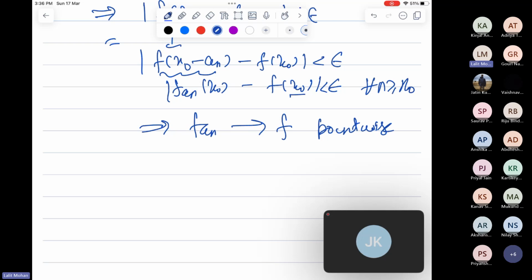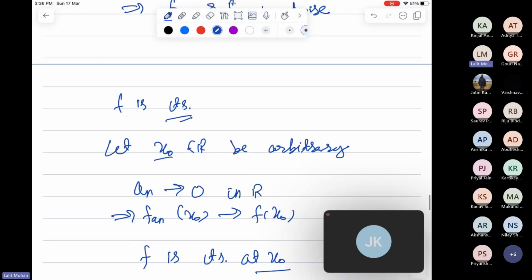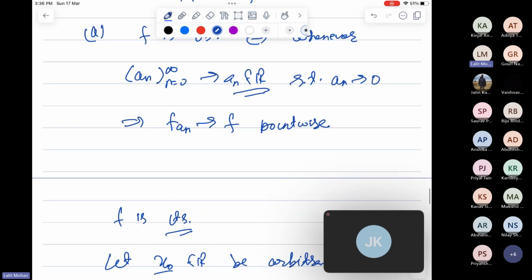Just apply the definition of uniform continuity; this x_0 will go away. Then using the Cauchy sequence, you could easily show that if f is uniformly continuous, the same result holds also.